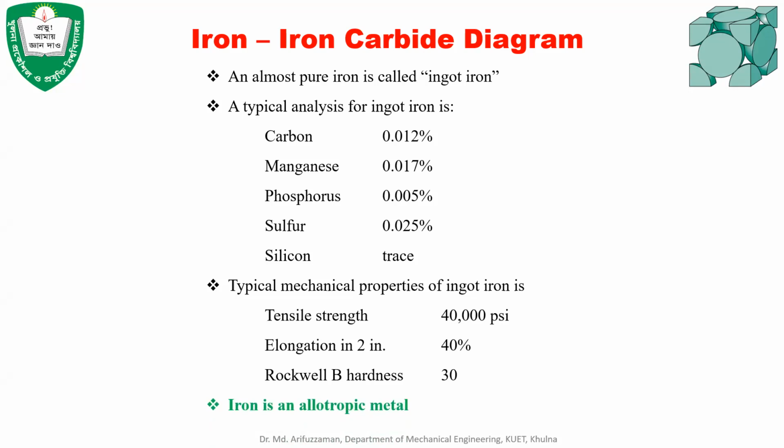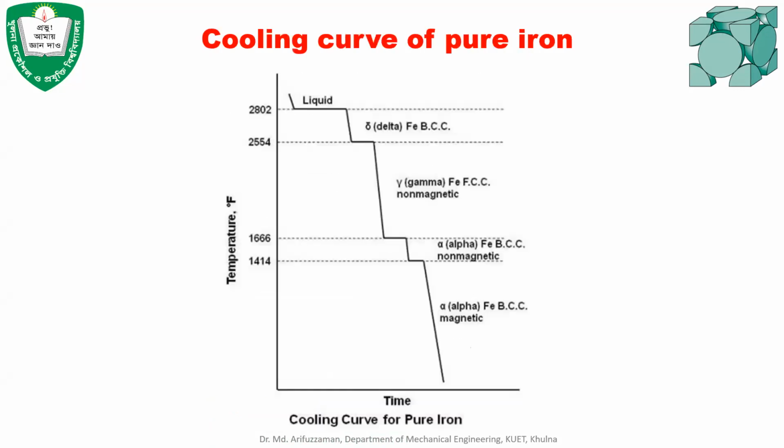And as you know, at the beginning of the phase diagram lecture, we talked about allotropic material, which shows different crystal structures or unit cells at different temperatures, and if they are reversible, then we call them allotropic metal. Iron melts at a very high temperature, like 2800 degree Fahrenheit.